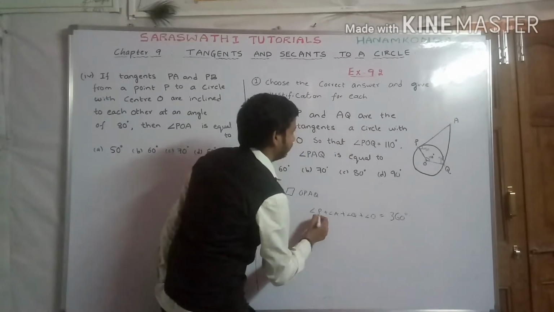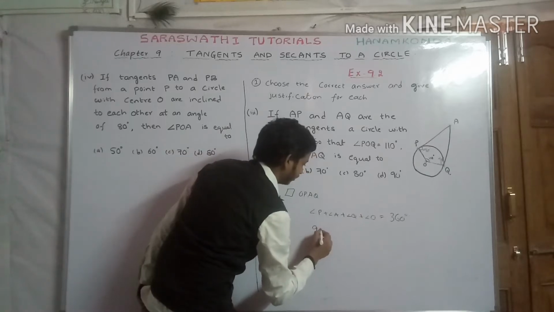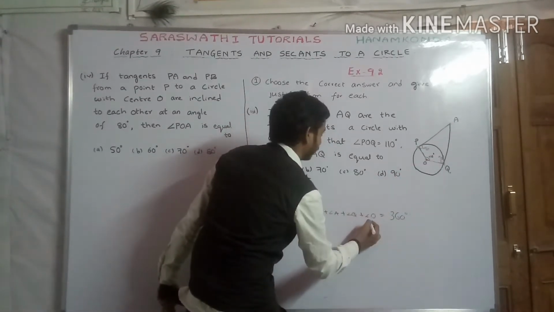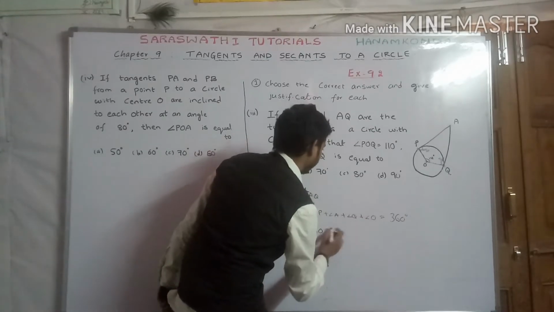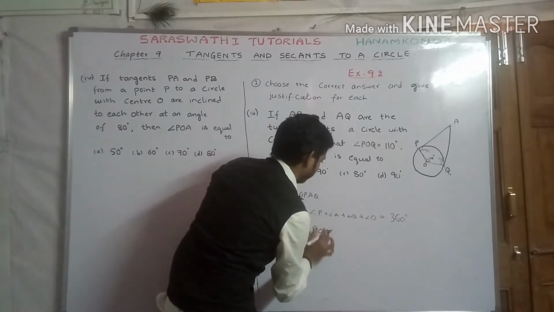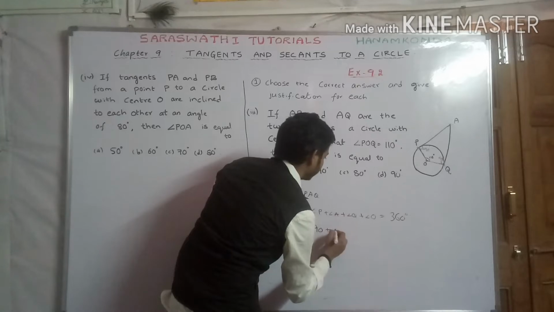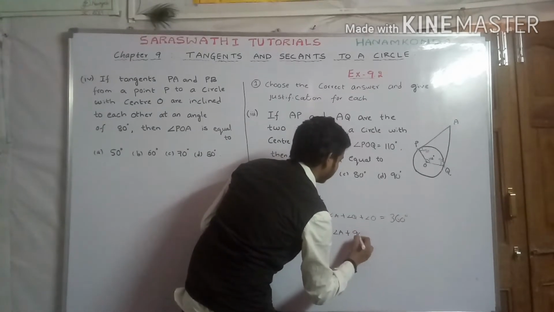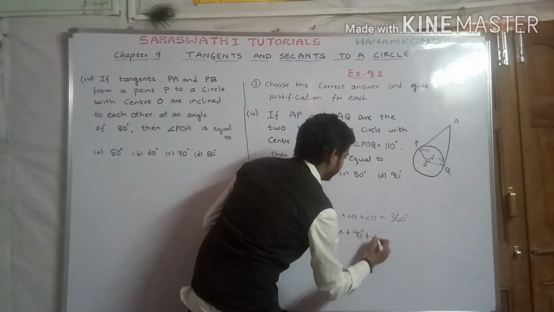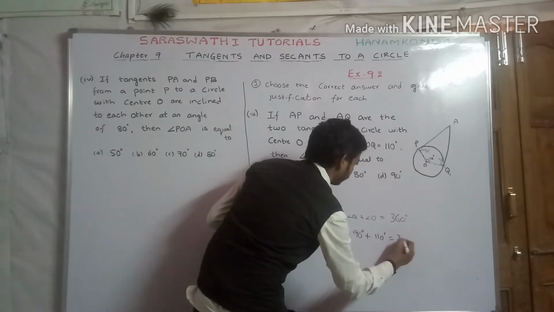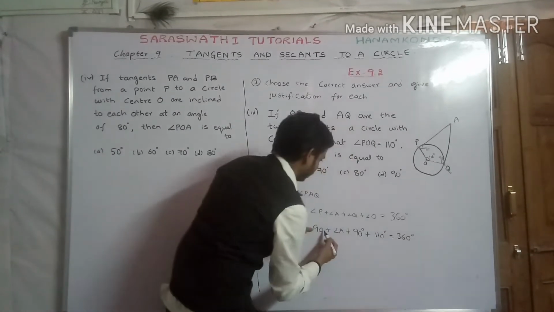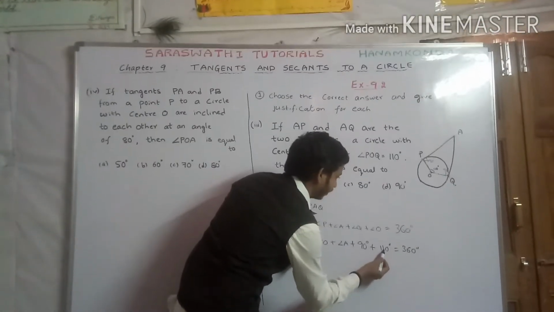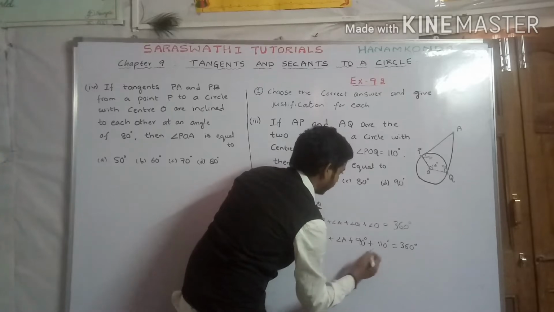Angle P is 90 degrees, angle O is 110 degrees, and angle Q is 90 degrees. So 90 plus angle A plus 90 plus 110 equals 360 degrees. 90 plus 90 is 180, and 180 plus 110 is 290.